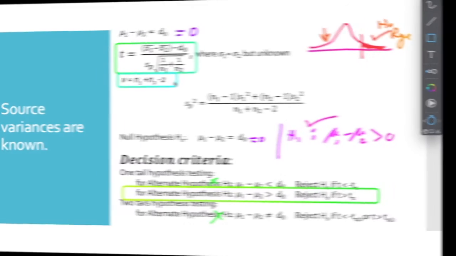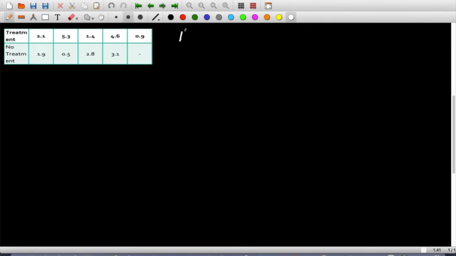We'll solve this where our null hypothesis is mu1 minus mu2 is equal to 0. The alternate hypothesis is mu1 minus mu2 is more than 0.